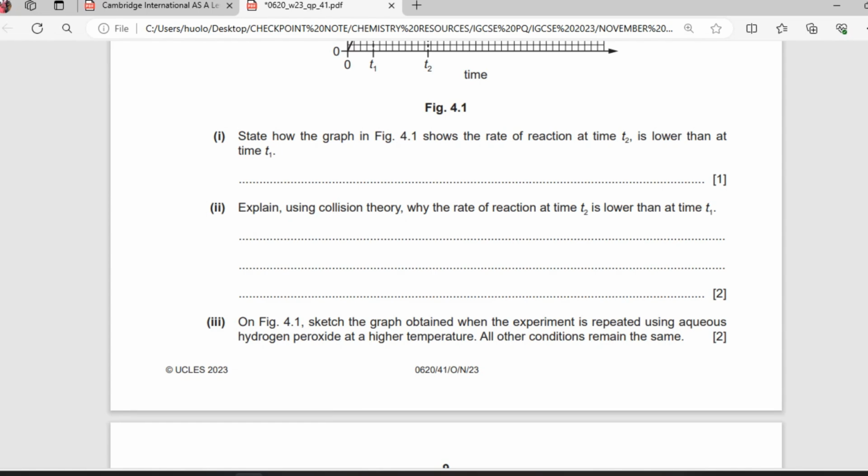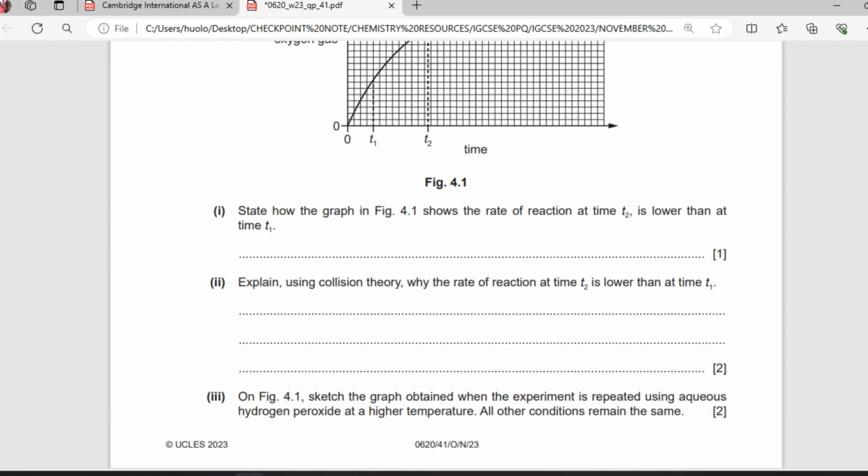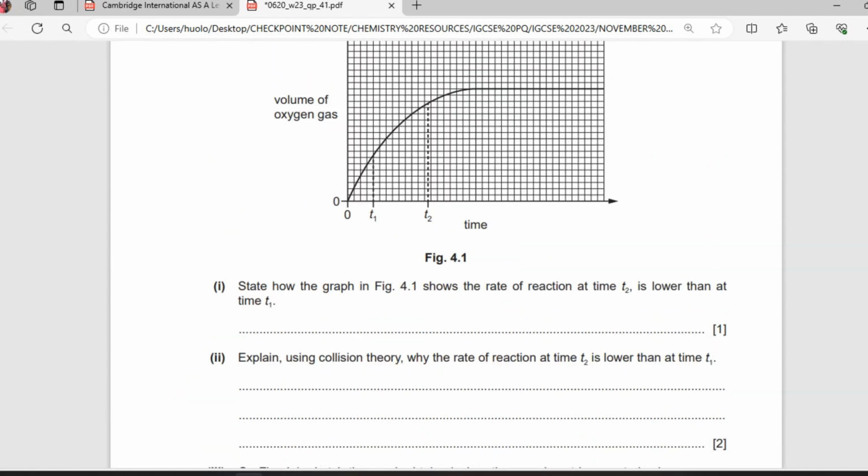We can see from the graph that as the graph progresses, it gets less steep. Okay, in other words, the slope becomes lower. So that's why you are writing that the slope at time t2 is lower than the slope at time t1. Okay, if you don't use the word slope, you could use gradient.